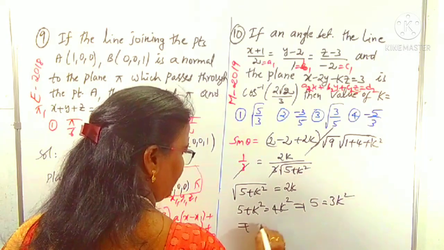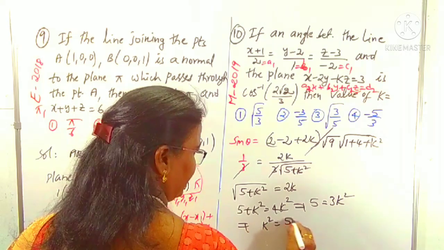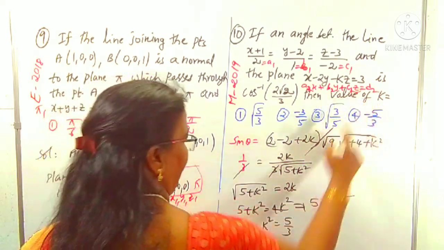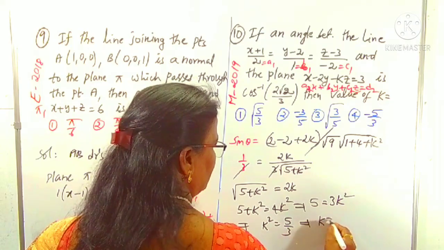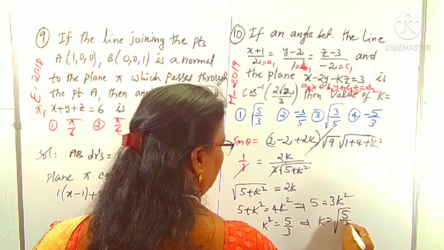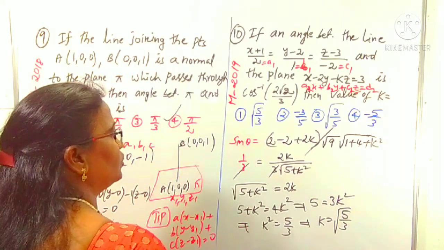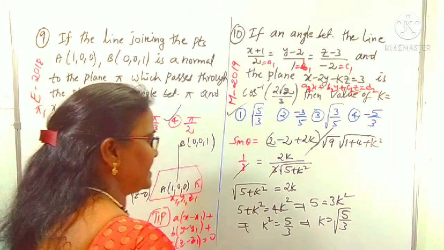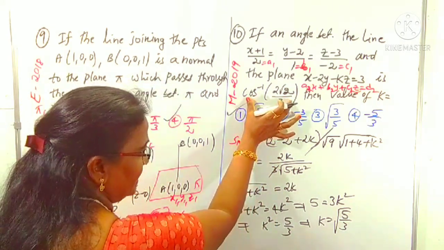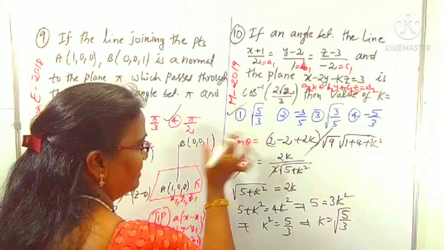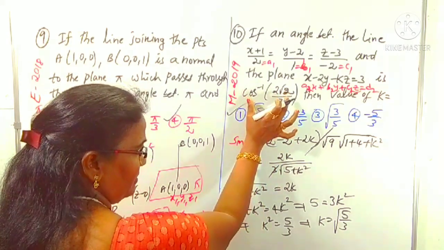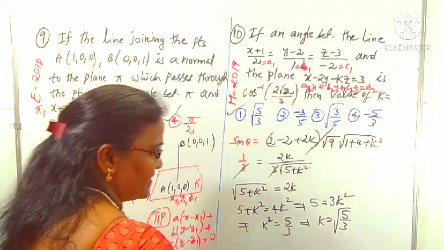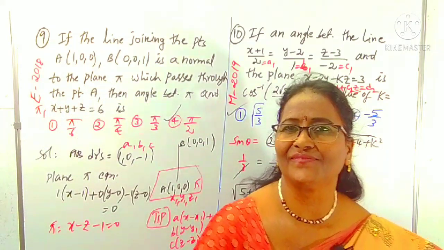So what about k square? K square is clearly 5 by 3. We want k, so k equals root over 5 by 3. That's it. Root over 5 by 3, which option? Clearly the first option. Here cos angle is given, but according to the formula you can use sine. Whatever may be given in cos we can write in terms of sine, that is the major part here.